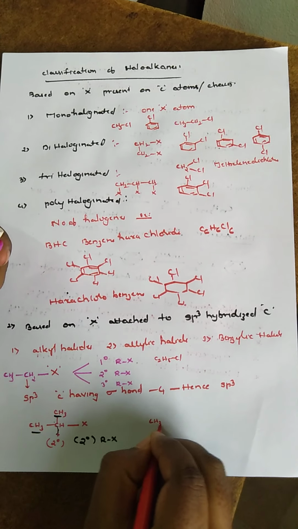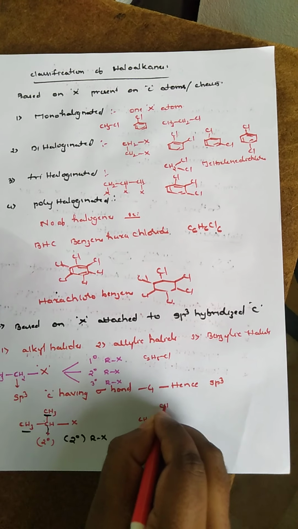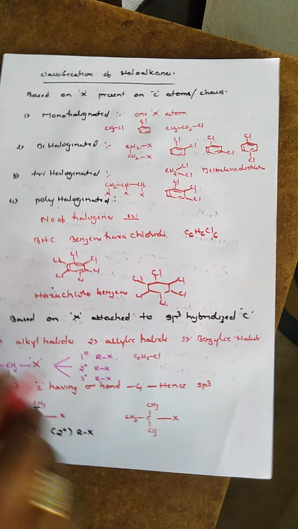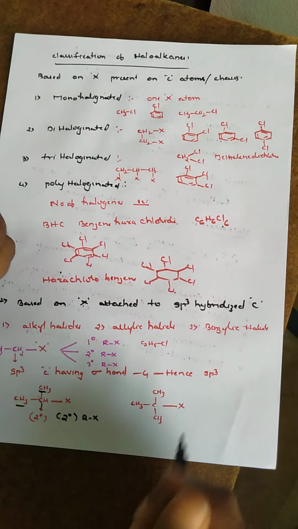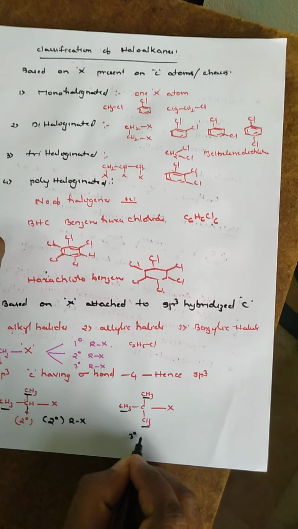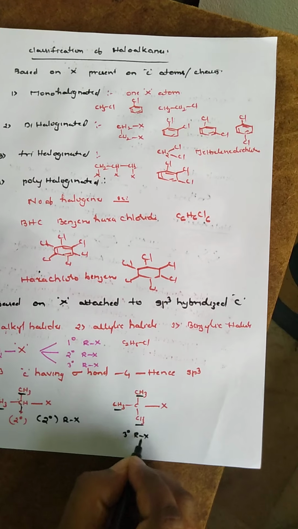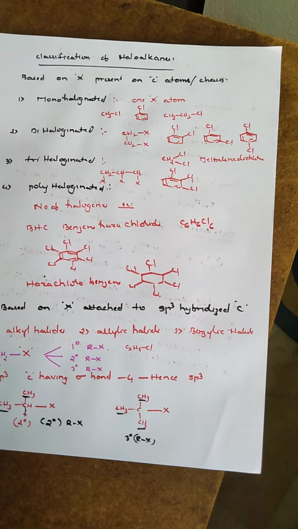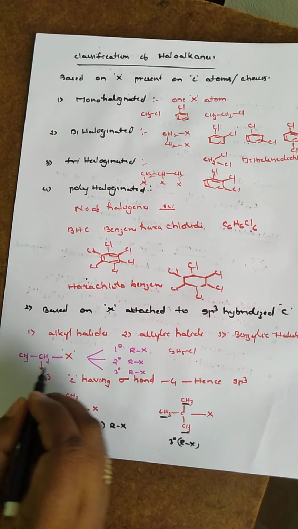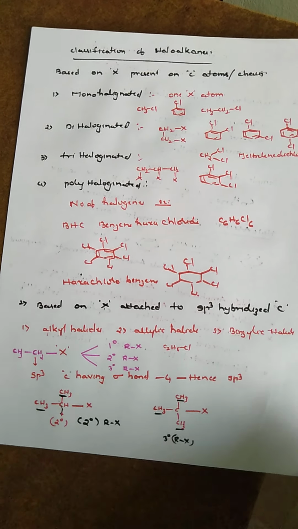The halogen is attached to a tertiary carbon, meaning the carbon is attached to three carbon atoms. Then we will call it a tertiary alkyl halide. So a halogen attached to an sp3 hybridized carbon is known as an alkyl halide.